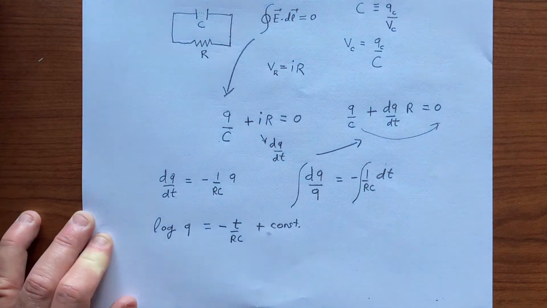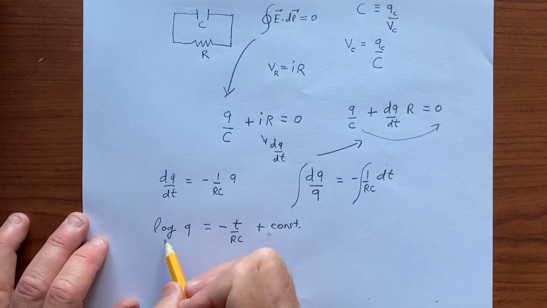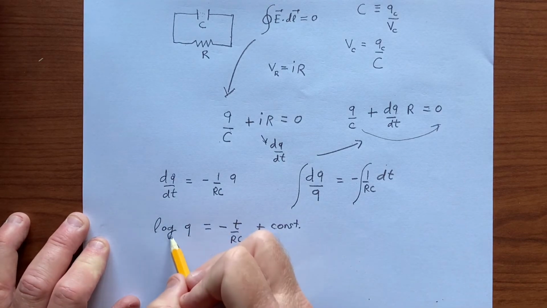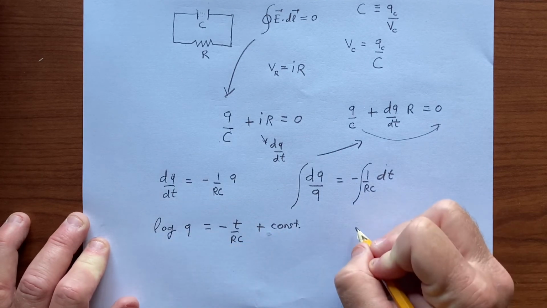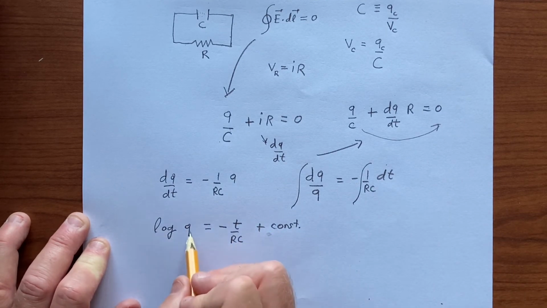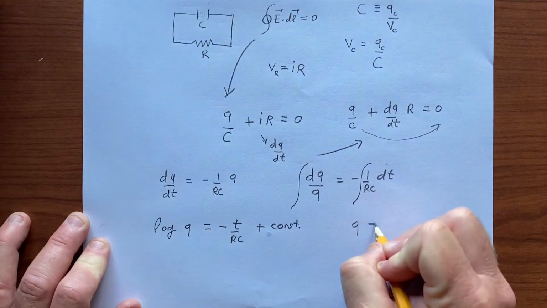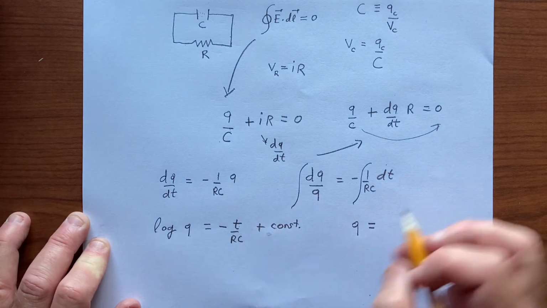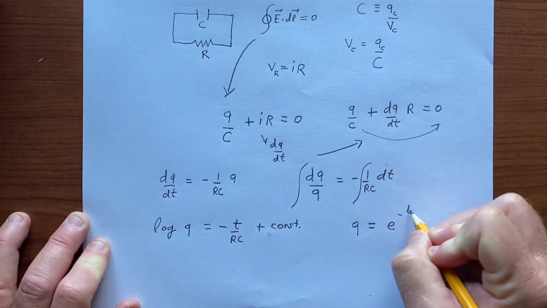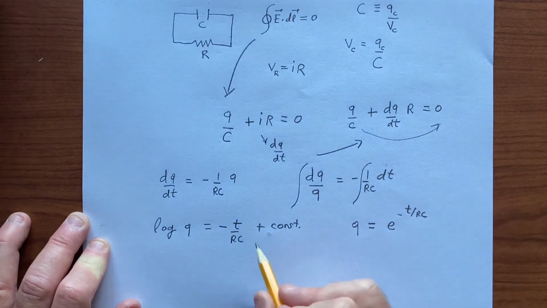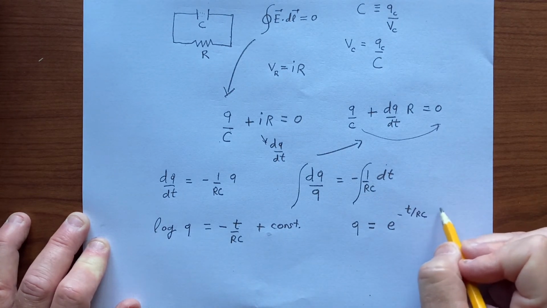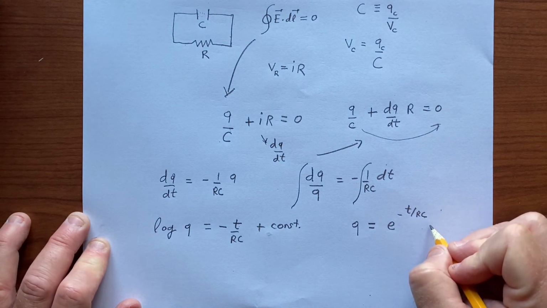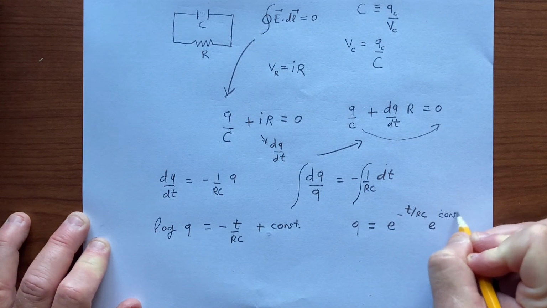Of course, we have the log of Q, so we need to do the inverse of this to get Q, and that's the inverse of the log, which is the exponential. So we do e to the log of Q, and that gets us Q, but that means we have to do the exponential of all of this, so we have e to the minus t over RC plus constant, but that's the same thing as e to the minus t over RC times e to the constant.